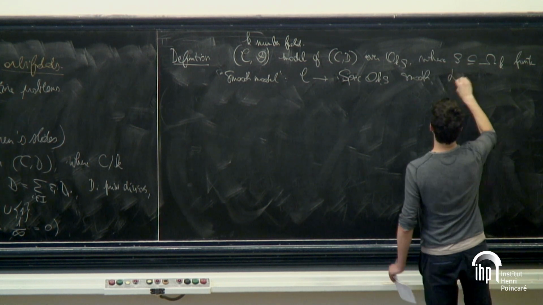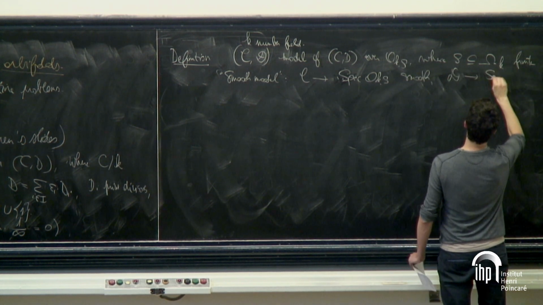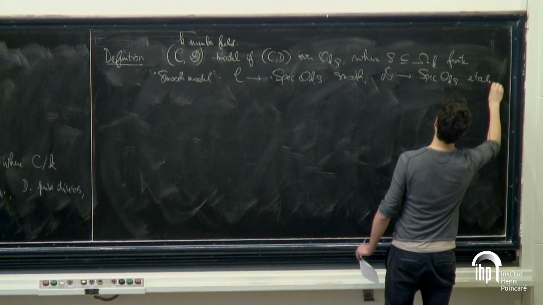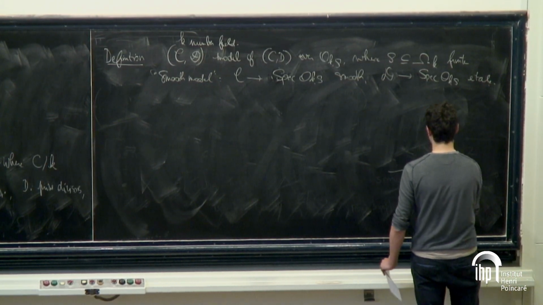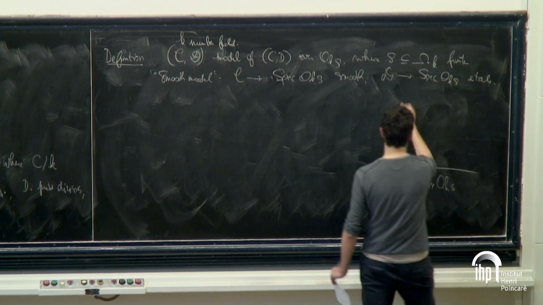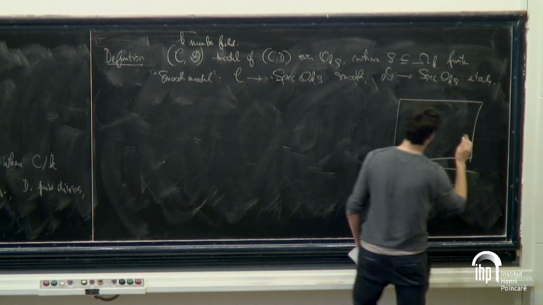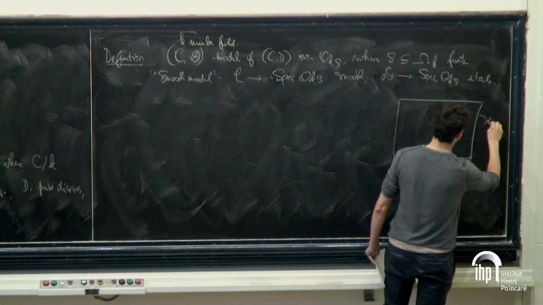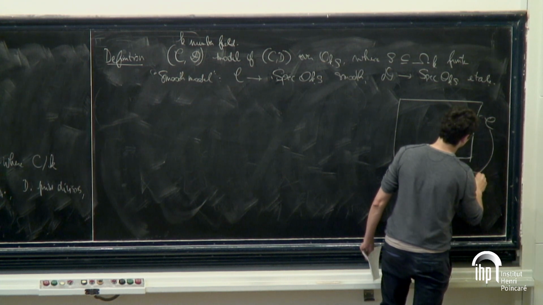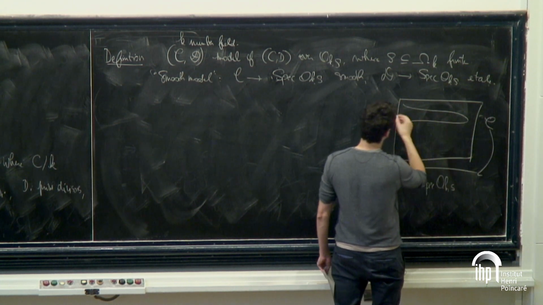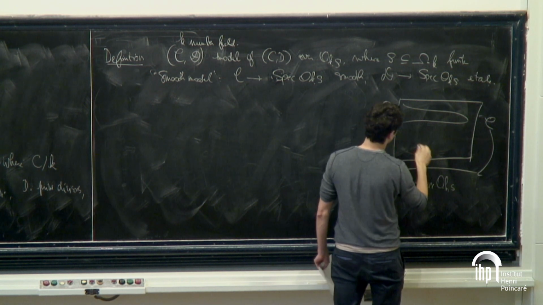And curly D will be a sum of epsilon_i curly D_i. Right? So I'm working over some suitable localization of the ring of integers, and I have some relative curve over this ring. And then I have some horizontal divisors, D_i.